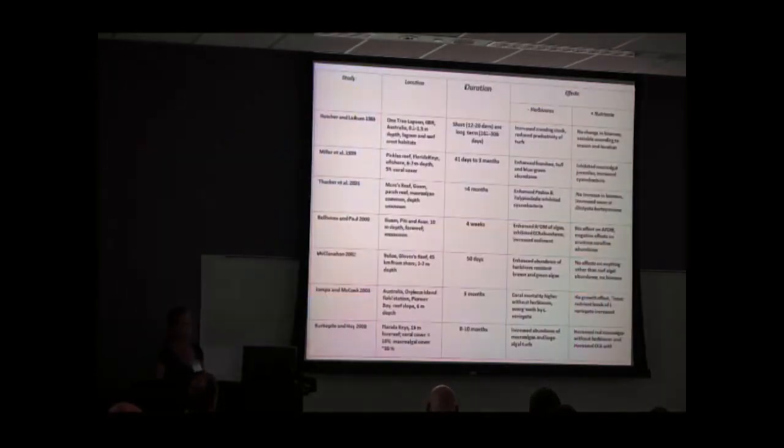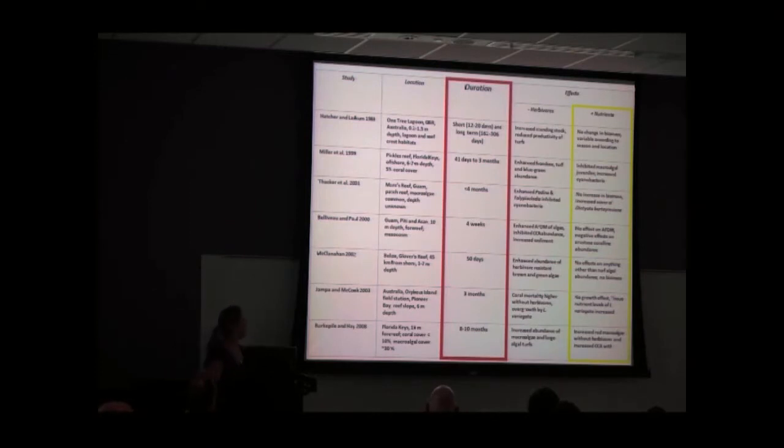Well, why is this important? A number of other studies have been conducted since the time that I did this and even before, and most of them found little to no effect of nutrient enrichment on benthic community structure. But if you look at the time that these studies were conducted, most of them are relatively short term.